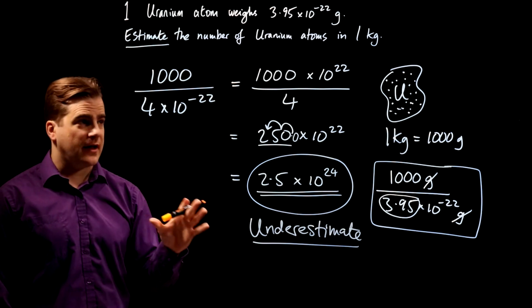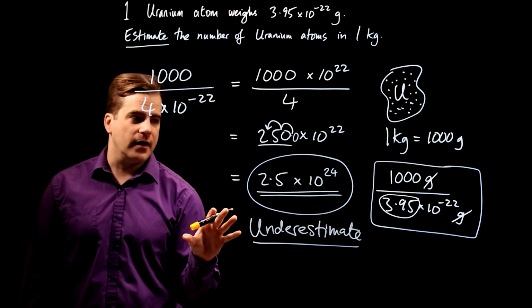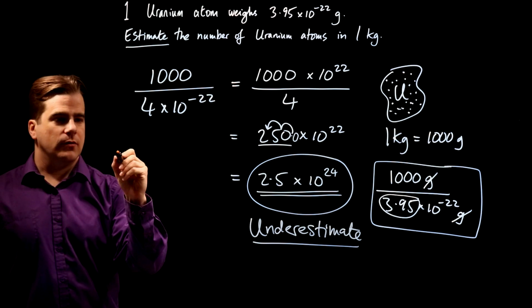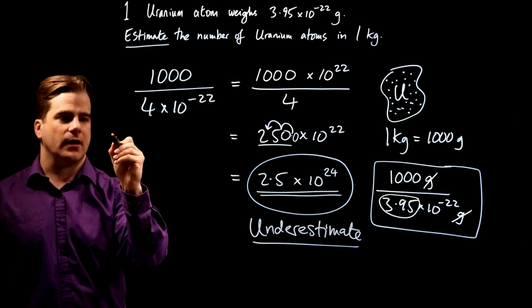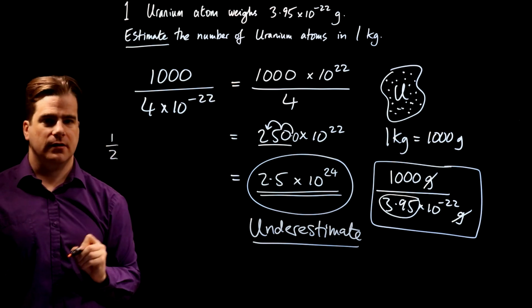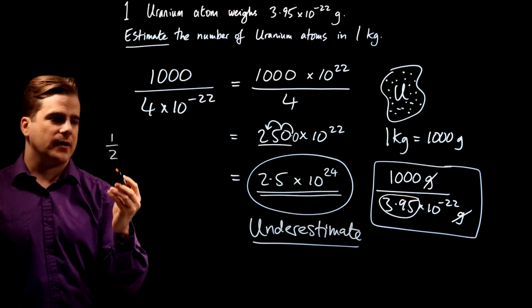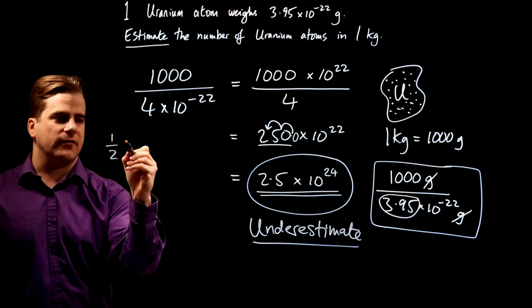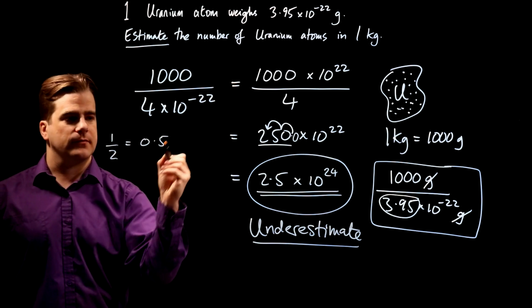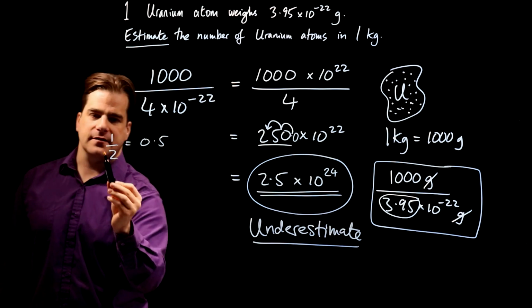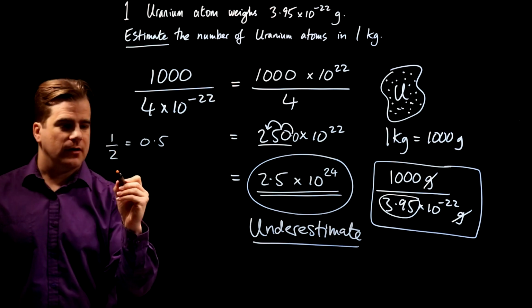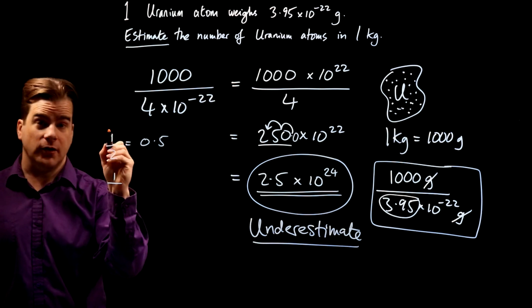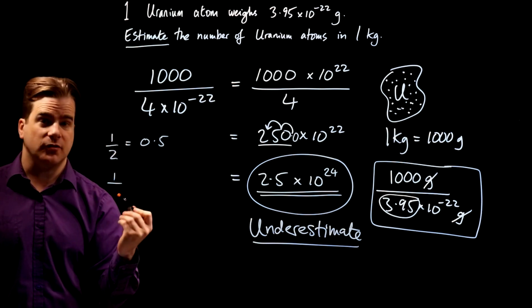I'll just go over that last point one more time. If you have, for example, a half, which is 0.5, the numerator is 1 and the denominator is 2. Let's leave the numerator the same and make the denominator twice as big.